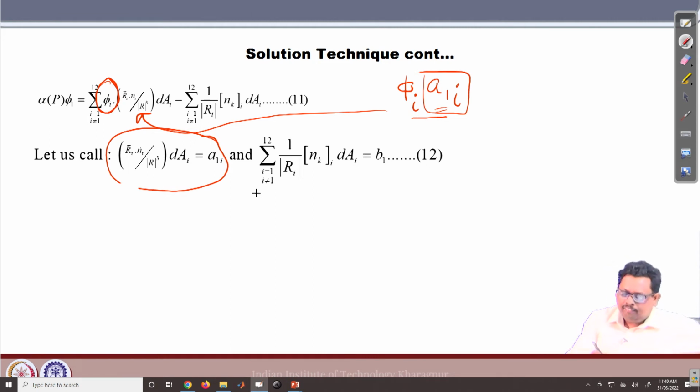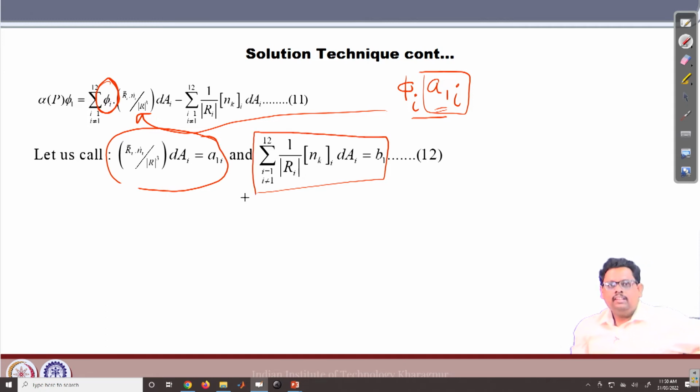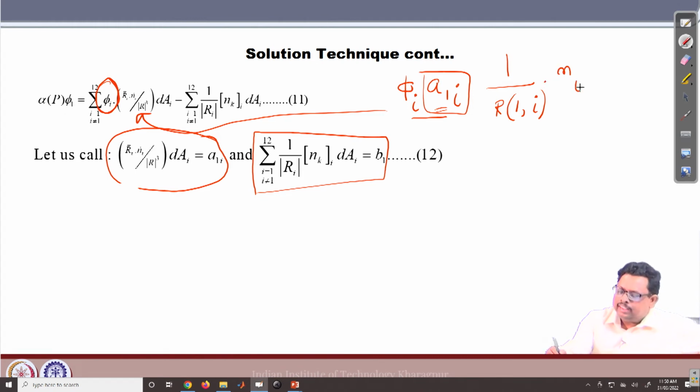However, in the second part, all the components are known to me. I know the value of R i, which is the distance from panel 1 to the ith panel. So, I know what is 1 upon R i, and also I know in this panel i what is the normal component of the kth mode, let us say heap.